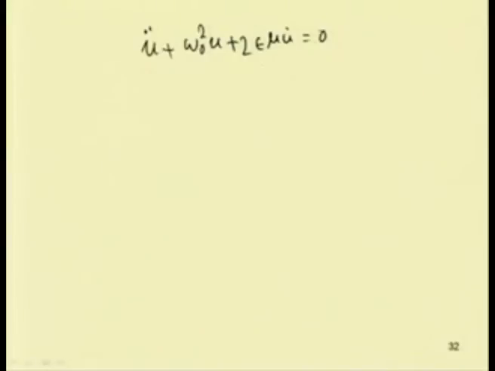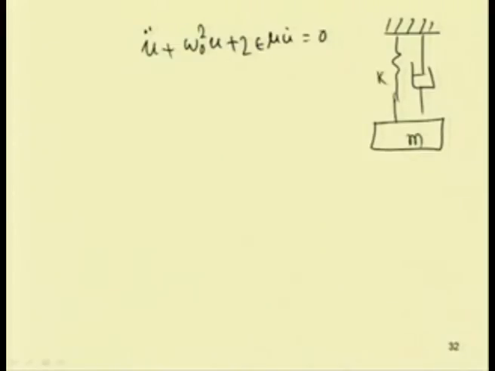This is the equation for a simple spring mass damper system. This is not a nonlinear system, but let us see how we can use the method of averaging for this case. So, one can write the equation of motion in this form, u double dot plus omega 0 square u plus 2 epsilon mu u dot equal to 0, where epsilon mu equals omega 0 into zeta.